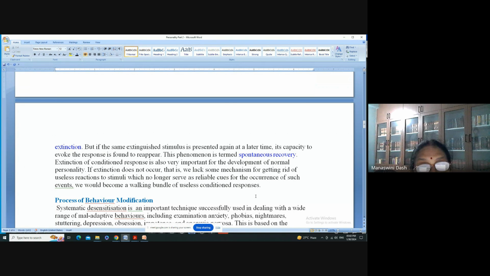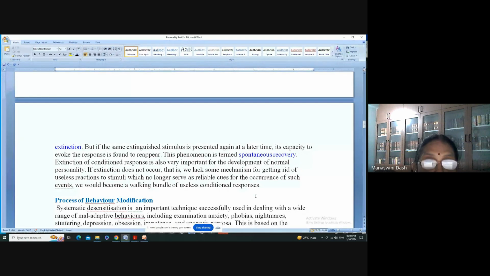Extinction of conditioned response is also very important for the development of normal personality. If extinction doesn't occur, then we cannot get rid of useless reactions to stimuli, which no longer serve as a reliable cue for the occurrence of such events.